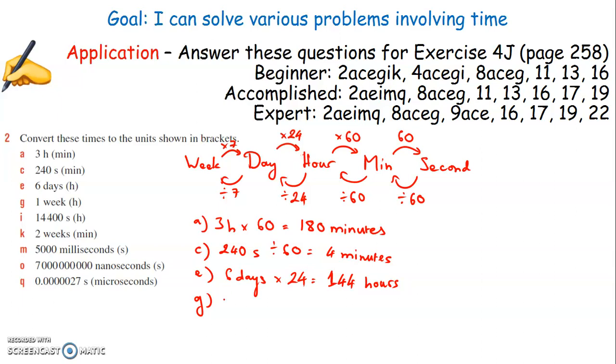We're going to have 1 week times 7 for the days, and then times 24 for the number of hours. So 1 times 7 times 24, and that should give us 168 hours.